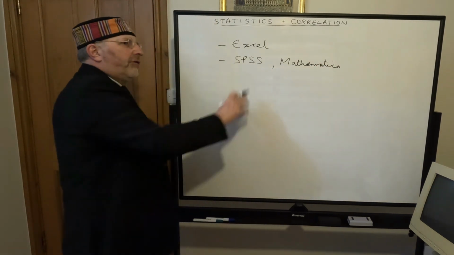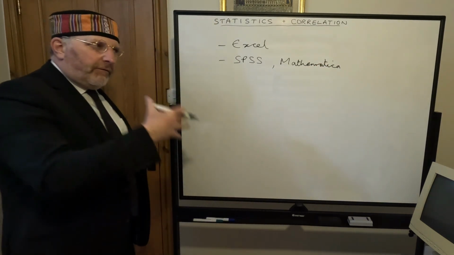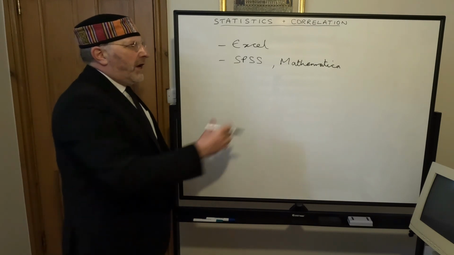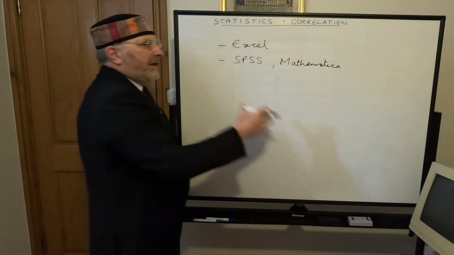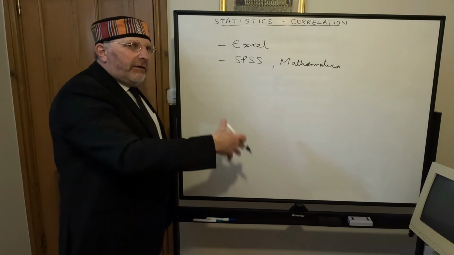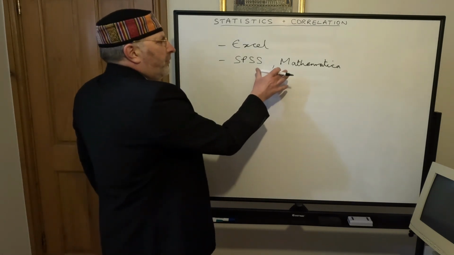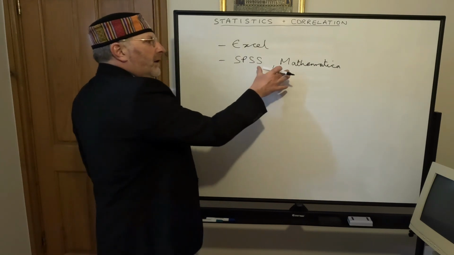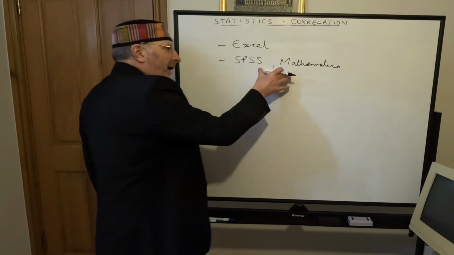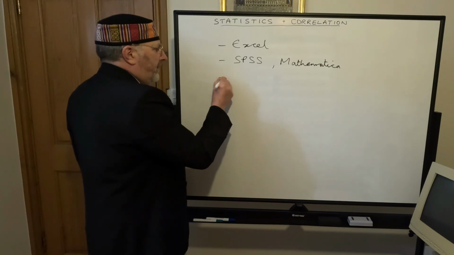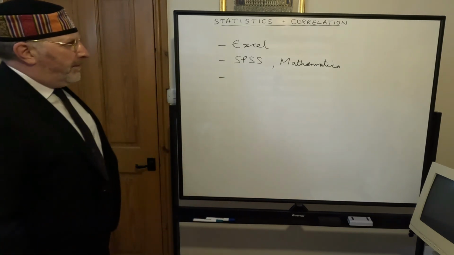So SPSS is specifically devoted to statistical calculations. Mathematica is devoted to all kinds of mathematics, but it has very sophisticated statistical functions built into it as well. So you could use these, but these are proprietary and paid for, so you'd need to buy them if you don't have access to them.